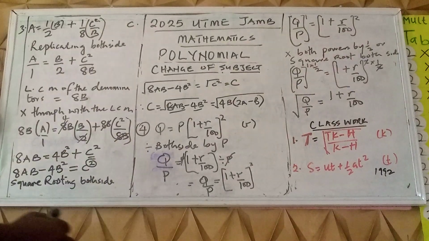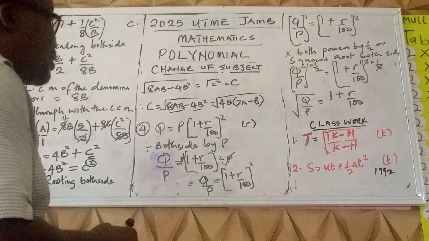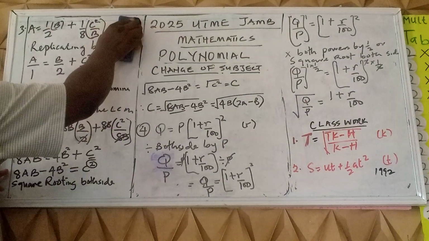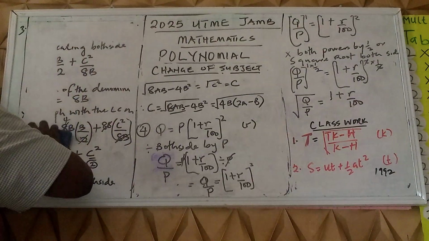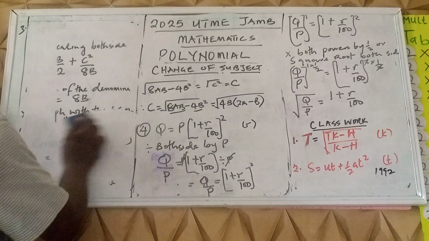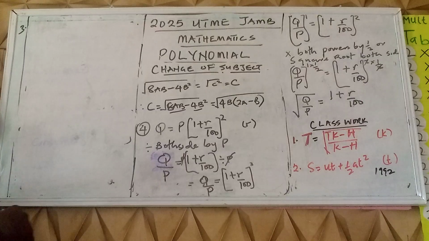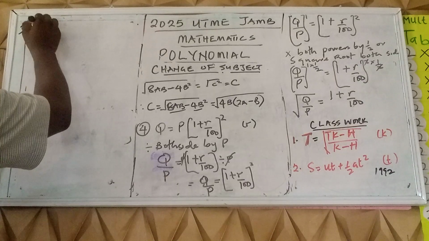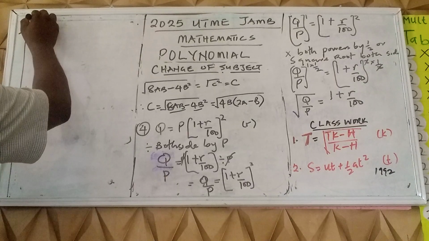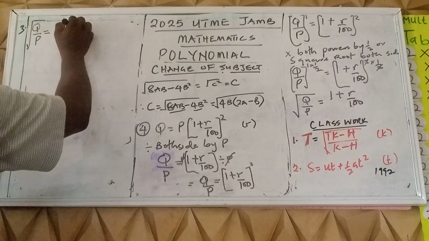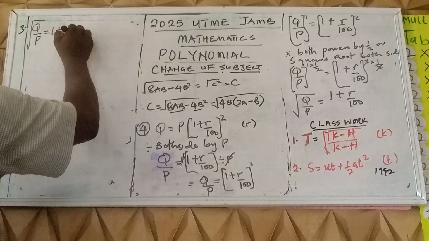Alright. So having said that, I want to continue from here so that I won't clean the classwork. So I have my square root of Q over P is equal to 1 plus R over 100.